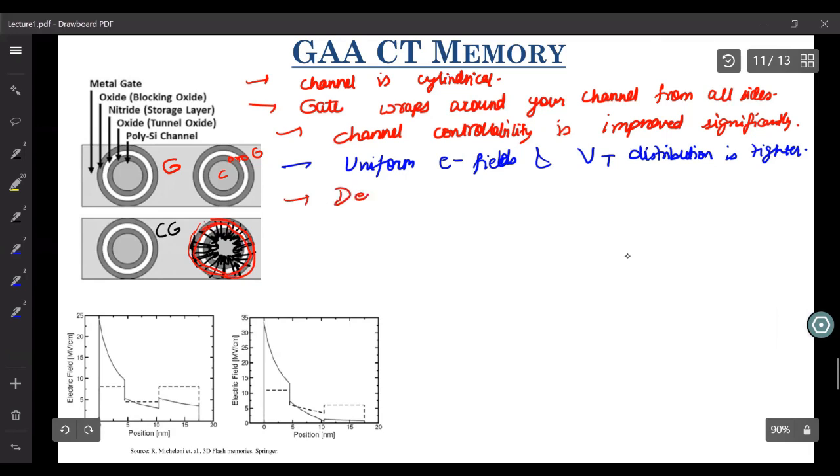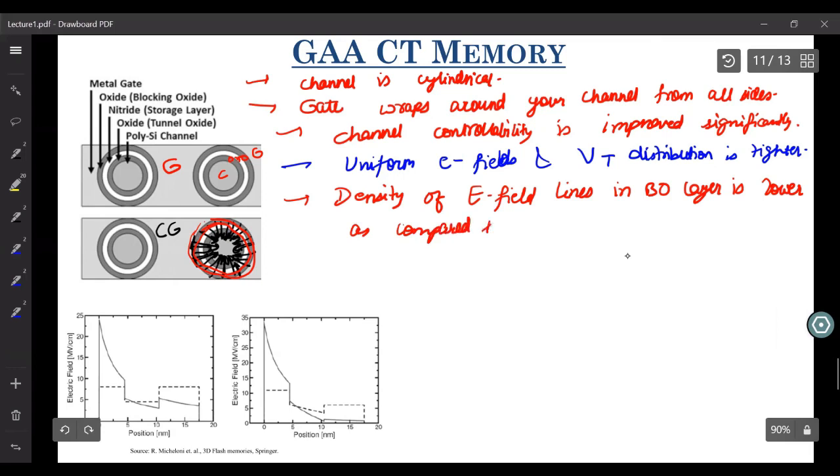The density of electric field lines in the blocking oxide layer is lower as compared to the density of these field lines in tunneling oxide.